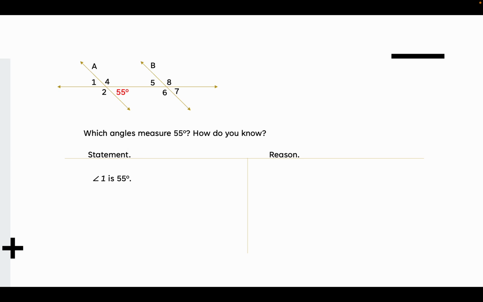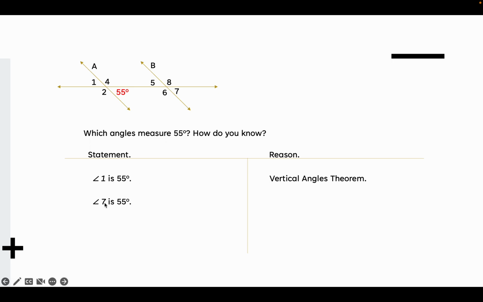So first off, we know that angle 1 must also be 55 degrees. We know that because of vertical angles theorem. Vertical angles theorem says that if this angle is 55 degrees, its opposite angle, its vertical angle, must also be 55 degrees because they're congruent.